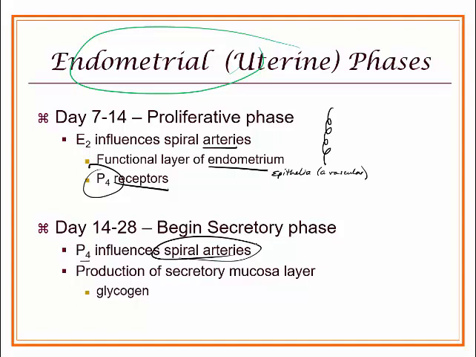Also, the mucosa or endometrium of the uterus will begin secreting substances to support a growing ball of cells, such as glycogen, and this is why it's called the secretory phase. During this time, the progesterone also causes the cervical cells to produce a thicker mucus, therefore thickening the mucus plug, preventing bacteria from getting into the uterus, where we may have an implanting embryo.